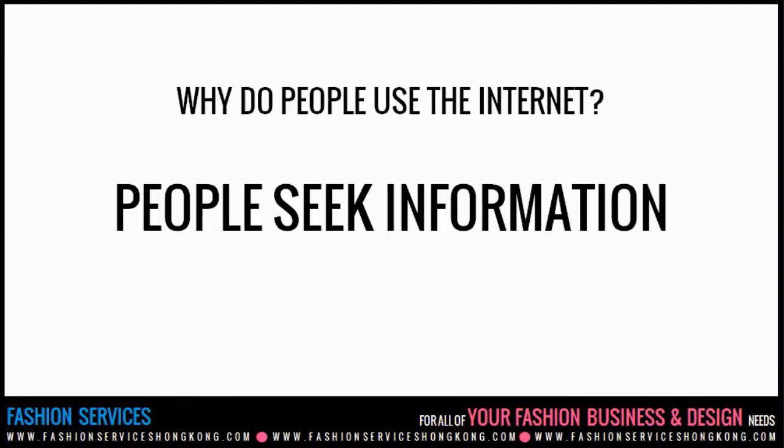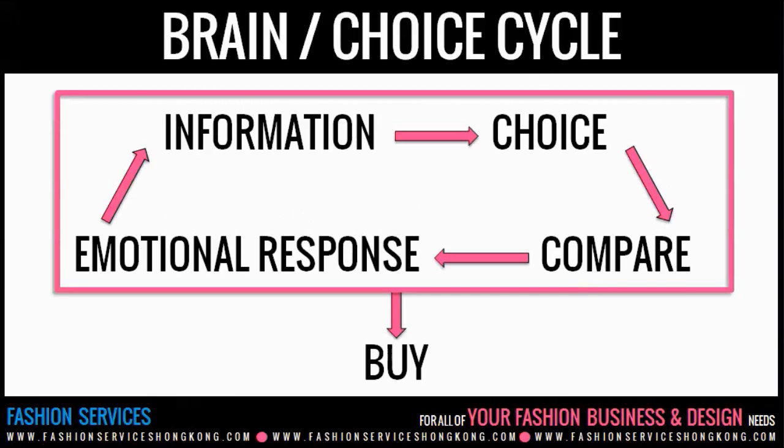But we're always seeking information, and our brain goes through a particular cycle. It searches for information and then looks at the choice available to it. It then compares its choices and then has an emotional response. Remember, we were looking at the brains earlier and the pleasure and the pain aspect. Well, these are the emotions that our brain goes through.